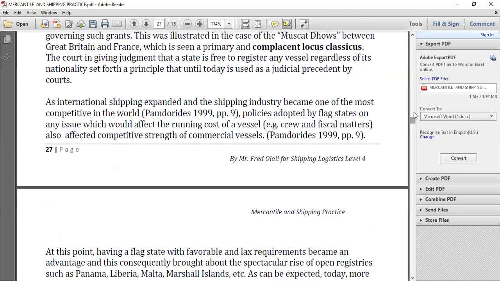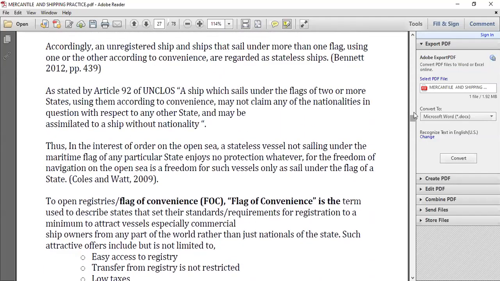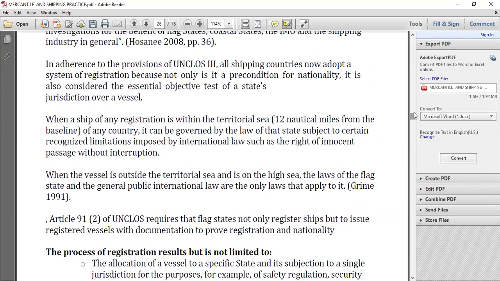So as I said, when the vessel is outside the territorial sea and is on the high sea, the laws of the flag state and the general public international law are the only laws that apply to it.